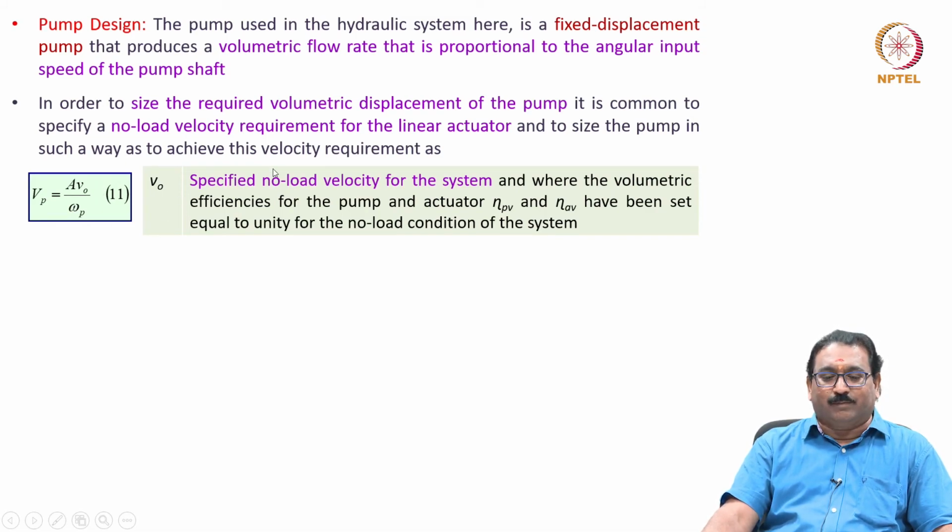V naught is the specified no load velocity for the system, where the volumetric efficiencies of the pump and actuator, nu PV and nu AV, have been set equal to unity for the no load condition of the system.